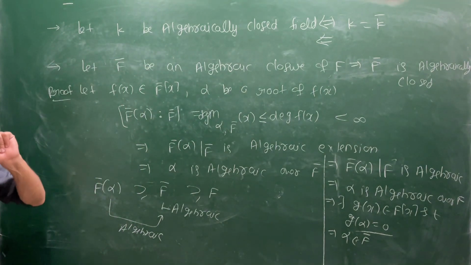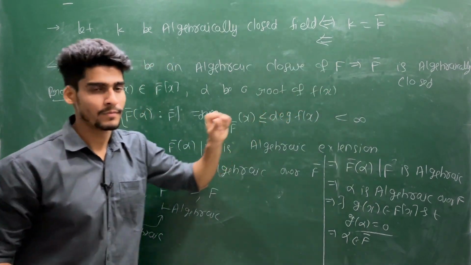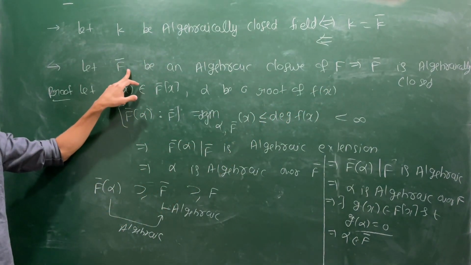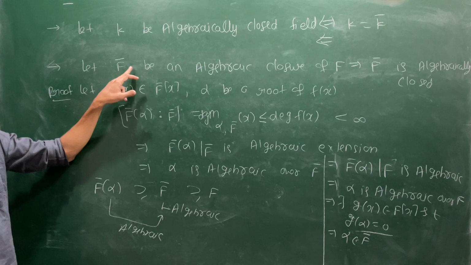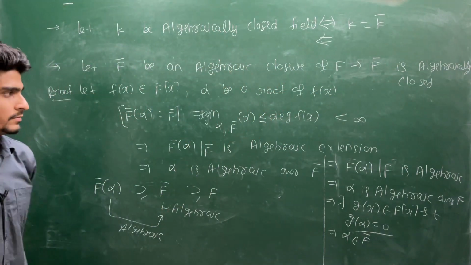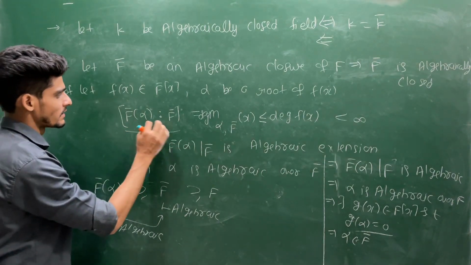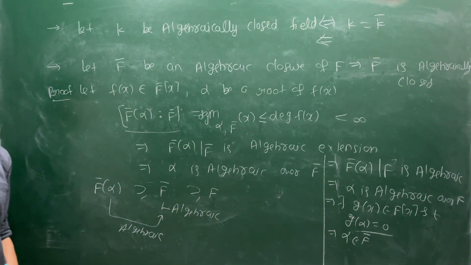So we are using two things here. This F bar is an algebraic extension over F, and this F bar contains a root of every polynomial which is defined on F. But for that I proved first this thing: this F bar(alpha) is algebraic over F bar.